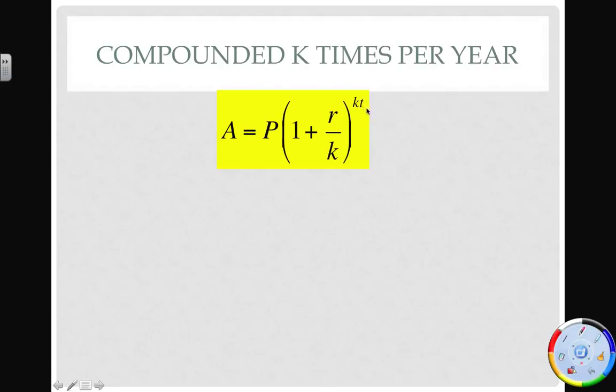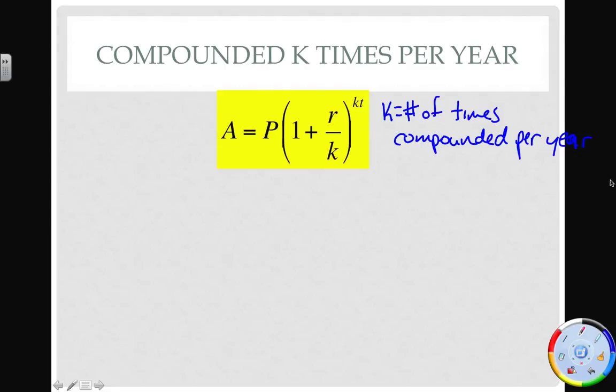T is going to represent time, the number of years, basically. And K represents the number of times compounded per year.